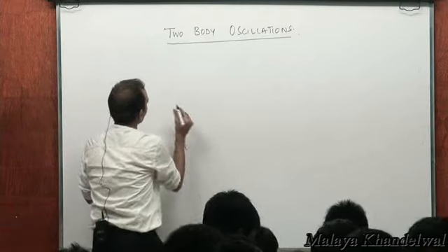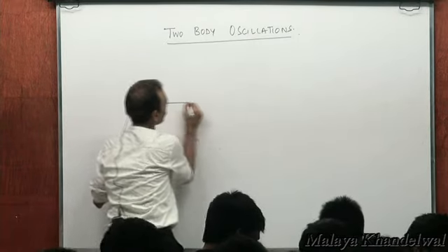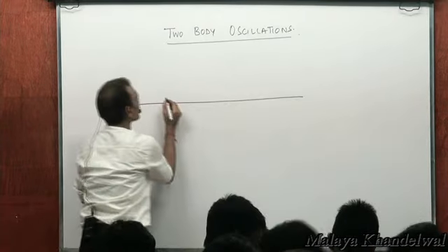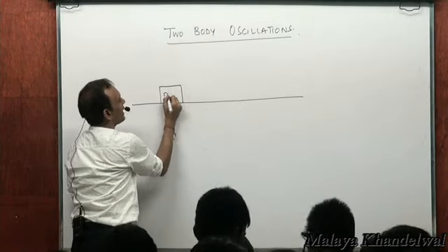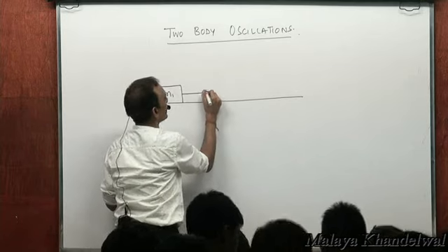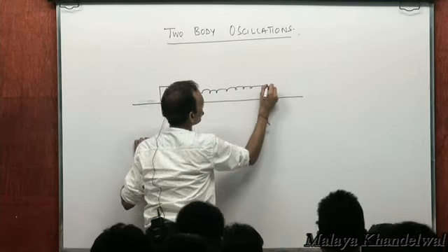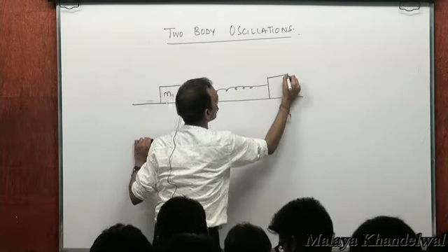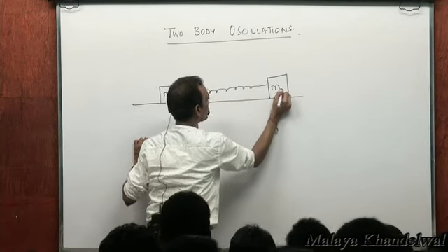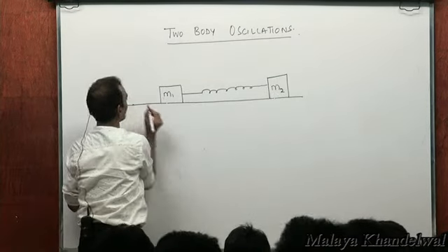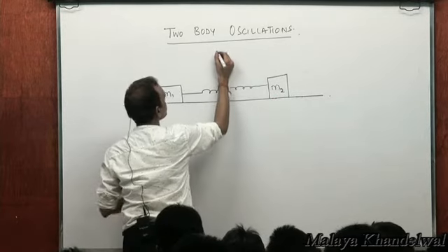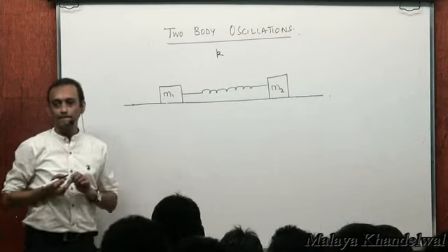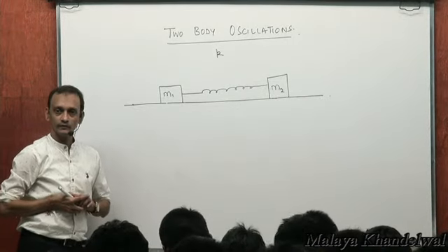So we're talking of the following. Two masses, m1 and m2, connected by a spring of force constant K. Right?